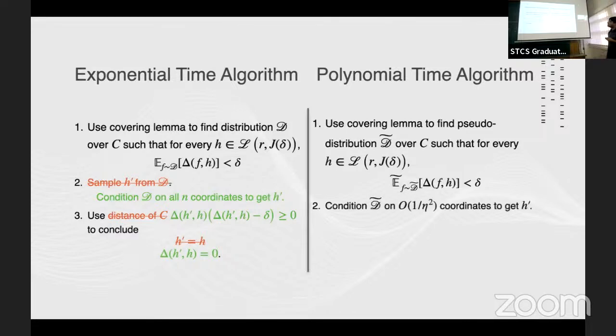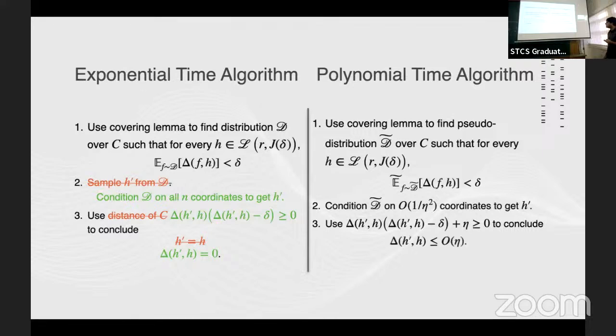Instead of conditioning all n coordinates, we condition on some random 1 over eta square coordinates. And the proof that I showed you with these modifications will give you, up to this eta error, a similar proof. The EML step will be lossless because I just enforce PSDness. Only eta will cause an error.